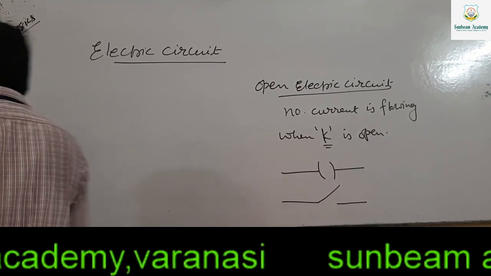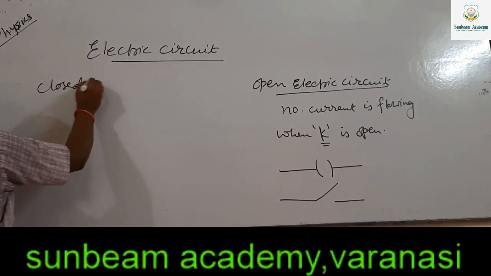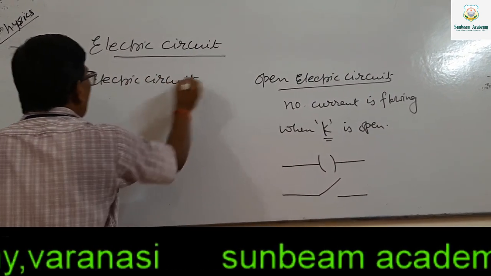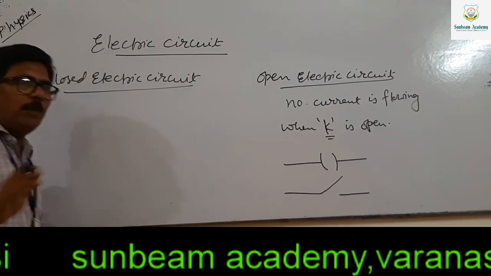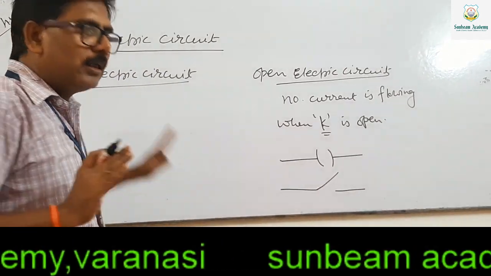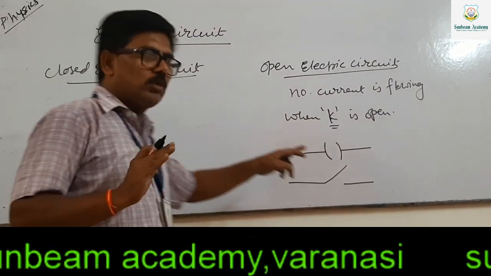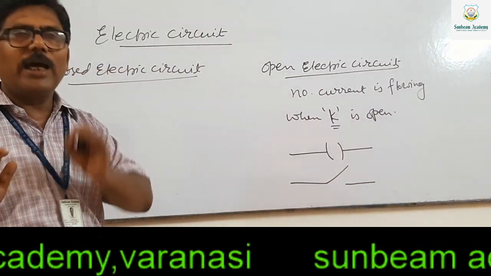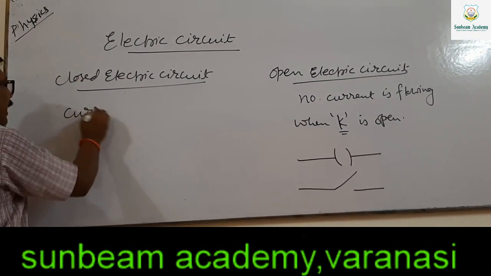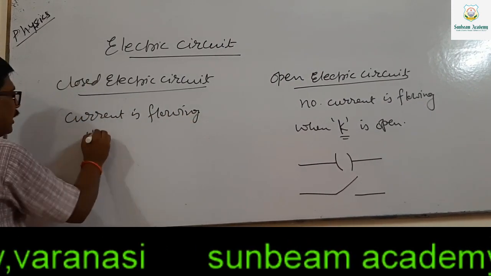Now closed electric circuit. Closed electric circuit means closed, मैंने बंद का मतलब तो यहां हो जाएगा कि कुछ नहीं हो रहा है. But in terms of physics, closed electric circuit means where the key is closed, means the switch is on, and in this the current is flowing through the circuit.